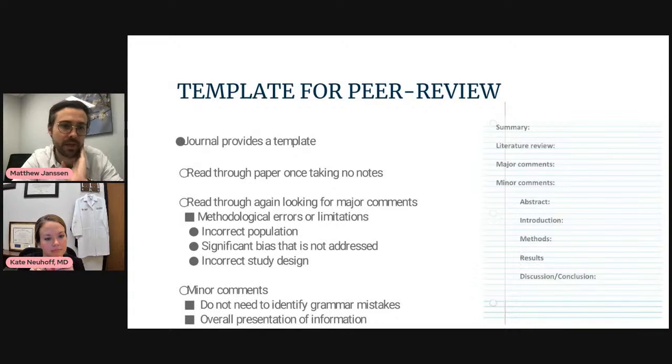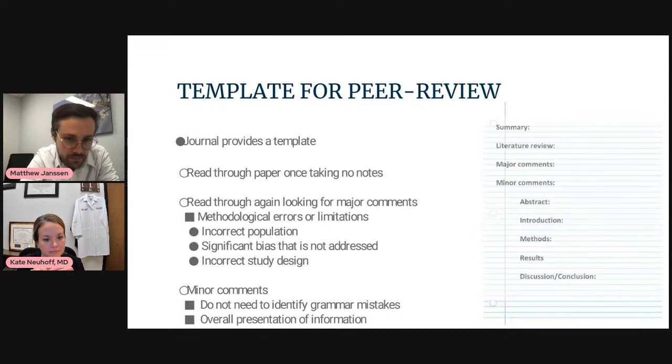And when I'm going through it again, I may do it right away, I may do it the next day or something. I don't think it has to be all at once. Then I go through and I say, okay, I'm looking for the major comments. And it took me a little while to really understand what is a major versus a minor comment. After getting some more experience doing it, I realized that the major comments are things that can't necessarily be fixed with the paper, the study design.